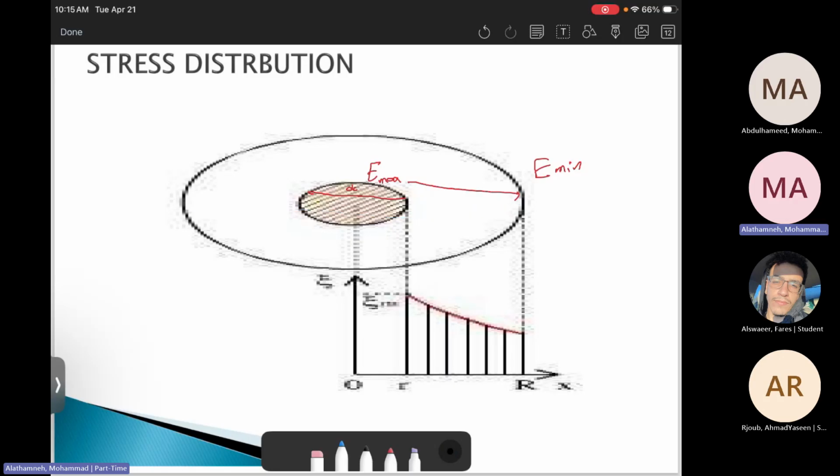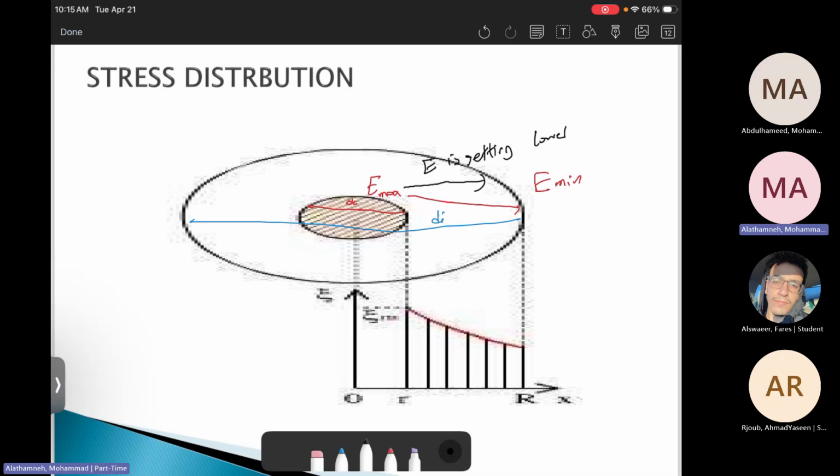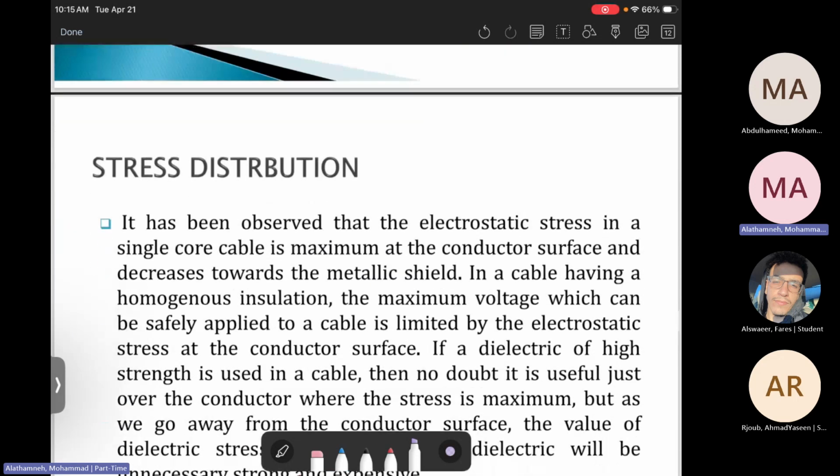We can say that when we move away from the conductor, the electric field gets lower, which makes it non-uniform. So the electric field is not equally distributed. We realize that it follows this relationship, as we see in this red curve. That's something we can see in the stress distribution.